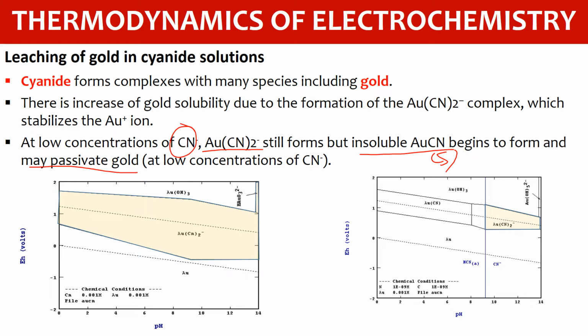It is because in these low concentrations, instead of forming AuCN2 minus, you are forming AuCN, and this AuCN is really detrimental and you don't want it to be formed. But it's also stable, maybe in acidic conditions, so you might get away with it.